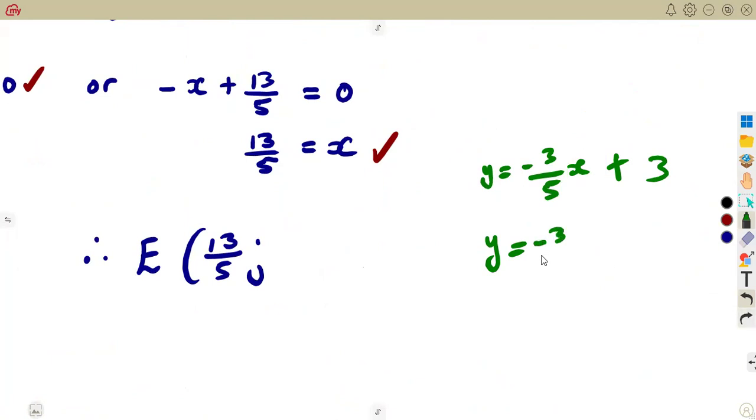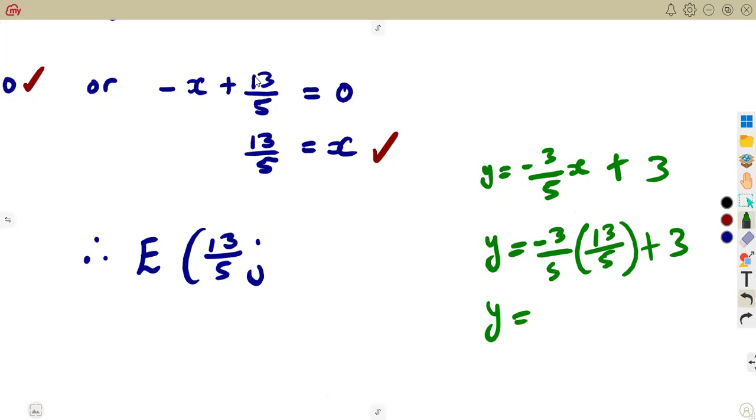So when x is 13 over 5, we are going to substitute that 13 over 5 in place of x here. So that's minus 3 over 5 times 13 over 5, plus 3. We can simply use our calculator to simplify this one.